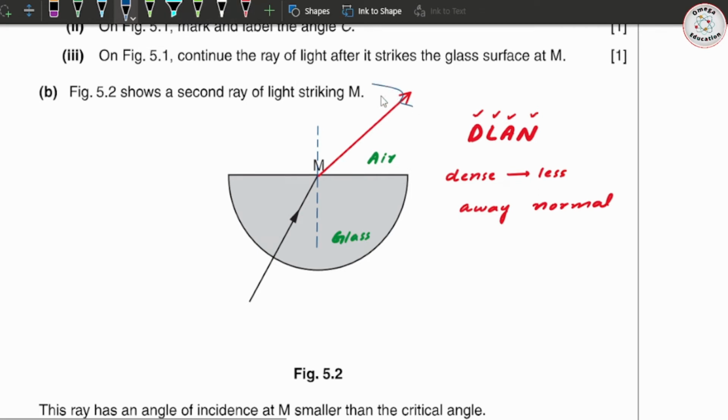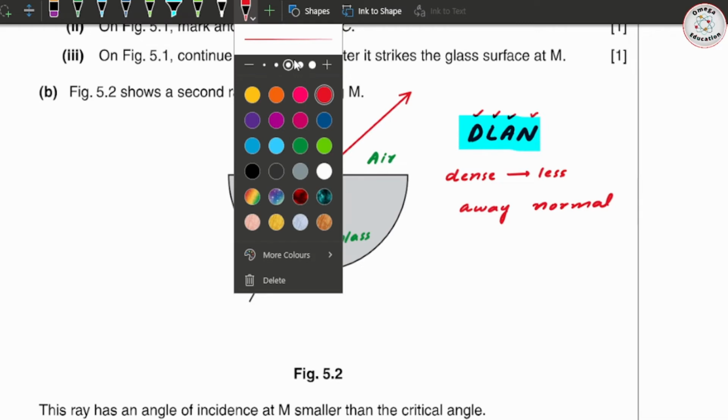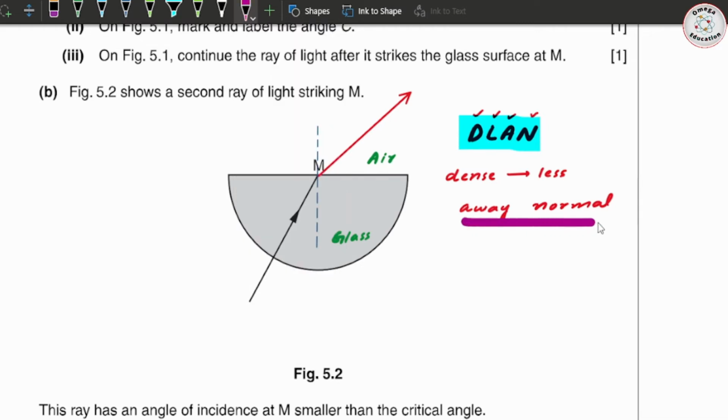The rule of thumb, which I always tell my students to memorize, is D-LAN. Whenever you move from dense to less dense, the bending would be away from normal.